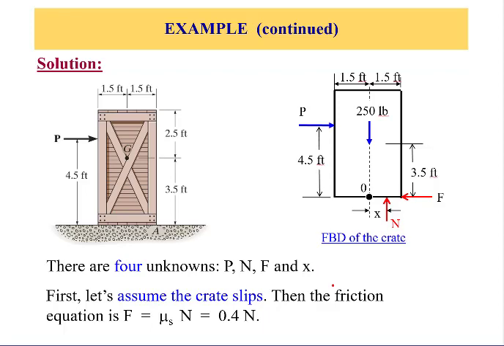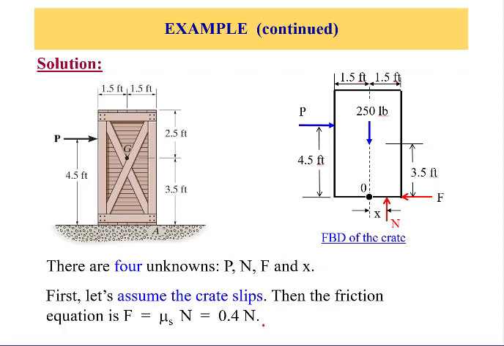So the first assumption to be examined is, let's assume the crate is slipping. By that, what we mean is this object is at the verge of moving, which means the force is maximum, and that is equal to Fs, which is mu S times N, and mu S is given to us. So the problem will be reduced to 4 unknowns with 1 dependent, so we have a total of 3 unknowns.